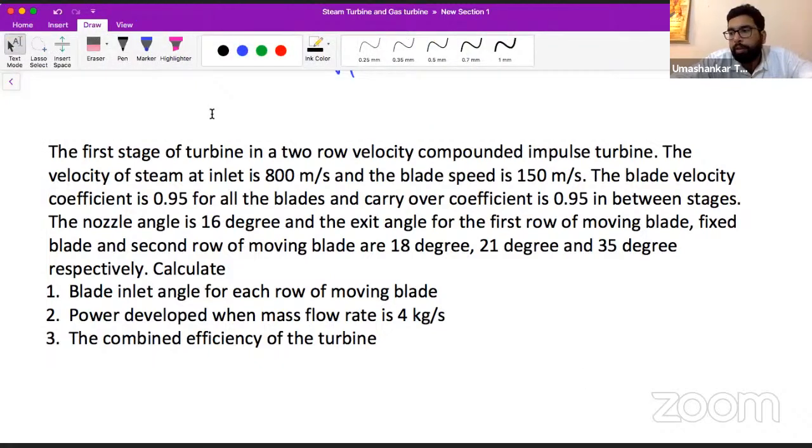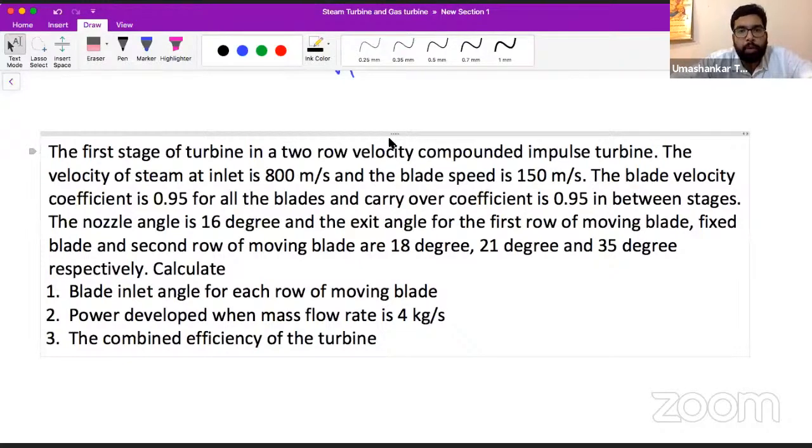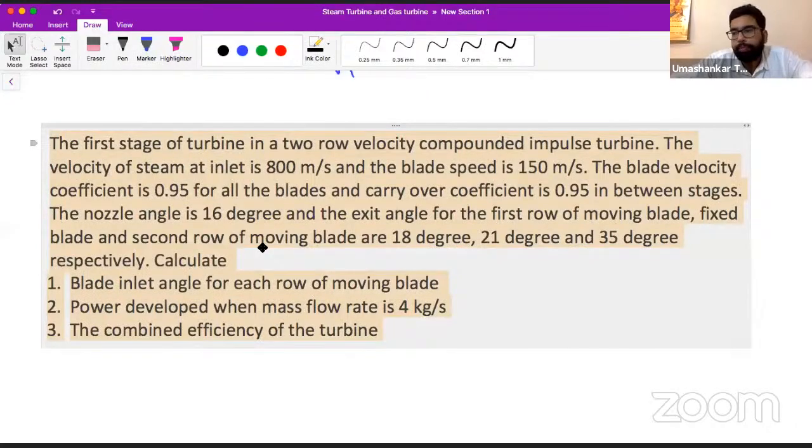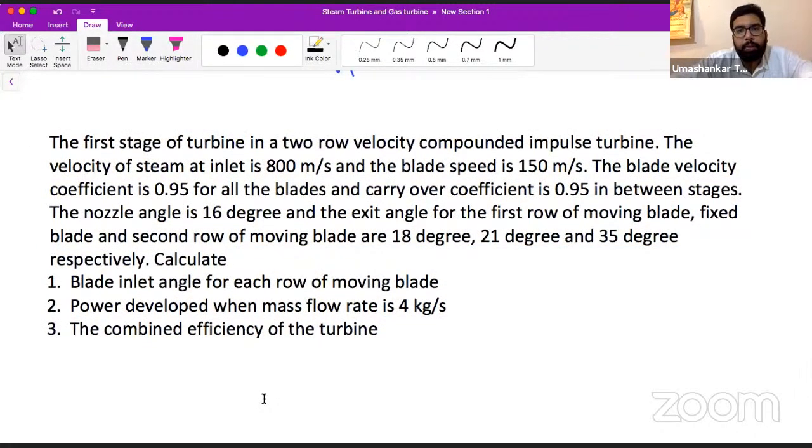Those who are live can solve with me. So I am taking a pause here. So tell me, live students, is it clear to you or not? Carryover coefficient, where to use carryover coefficient, where to use blade coefficient. Can you tell me? Is it clear to you or not? You can respond to me.